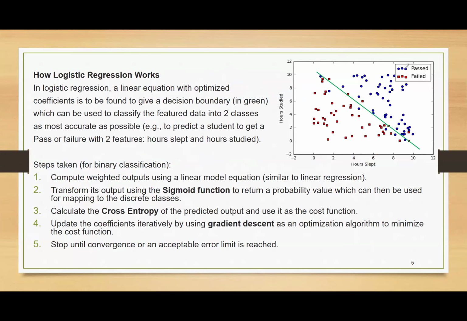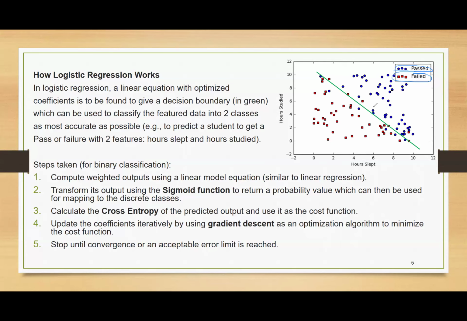There are a couple of students, and some students passed the exam and some students failed the exam. The students who failed the exam are represented by the red points here, and the students who passed the exam are represented by the blue points here.